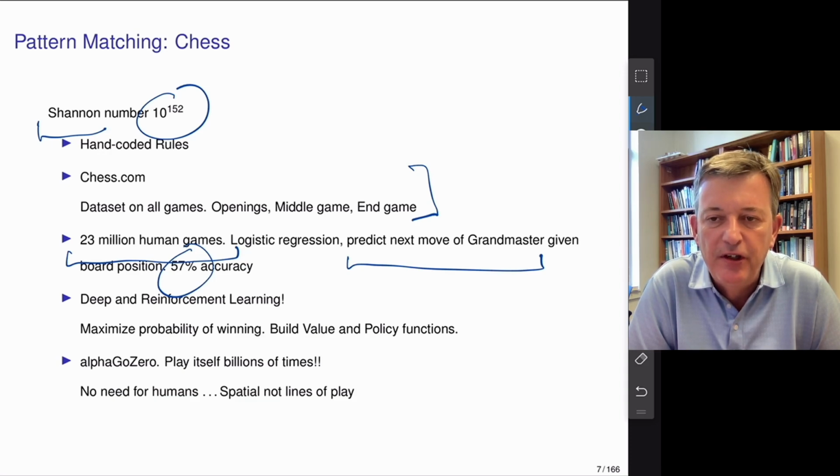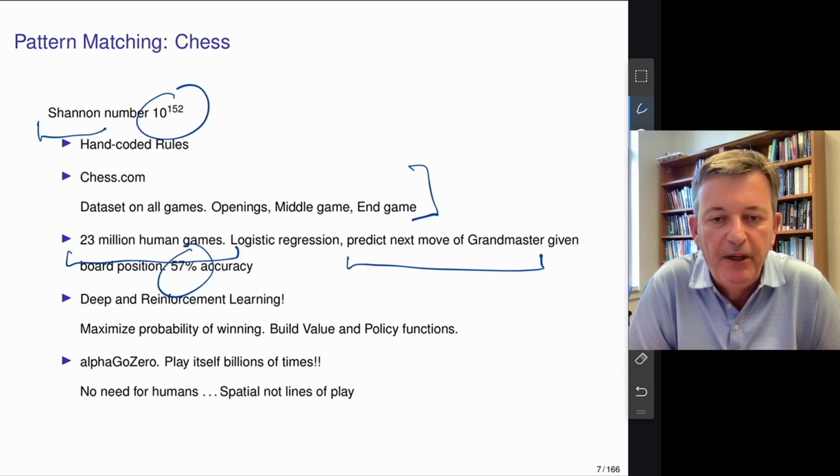Essentially, it's the coding up of Bellman's principle of optimality. Even though the mathematics for solving these types of game theory problems was known in the 1950s, the computational power didn't really come until about 10 years ago, partly because the state space is so big. Remember, the Shannon number is 10 to the power 152, lots of possible combinations.